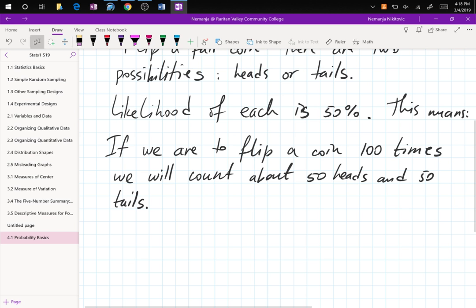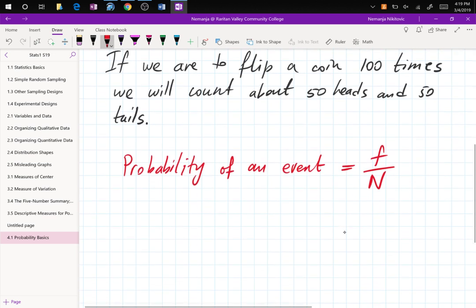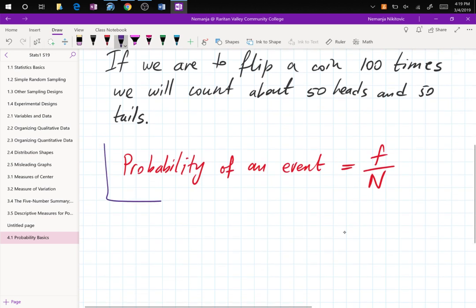So we are looking into this probability, and we want to write a formula. Probability of an event is equal to the frequency divided by the total number of possible outcomes. So this is our formula.